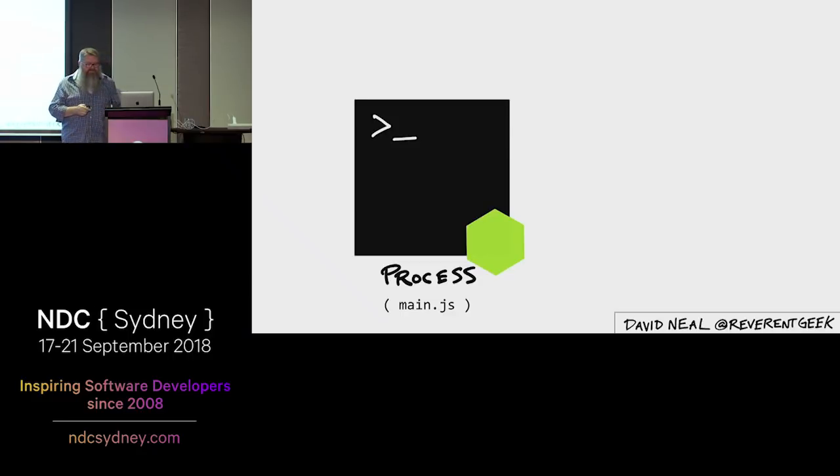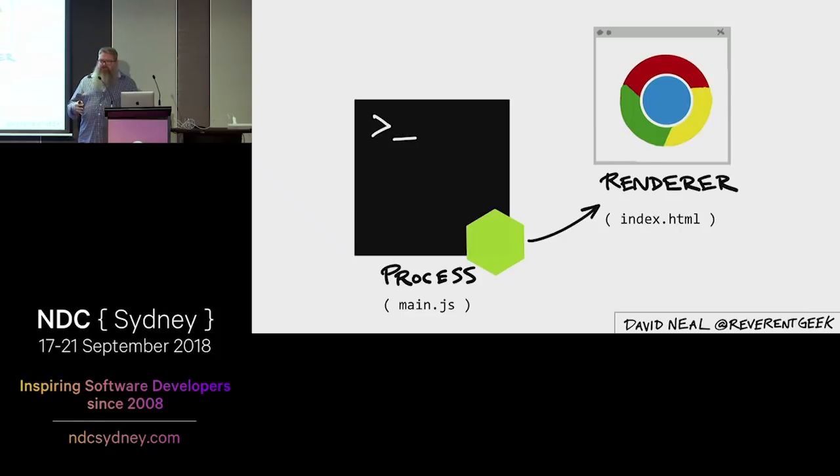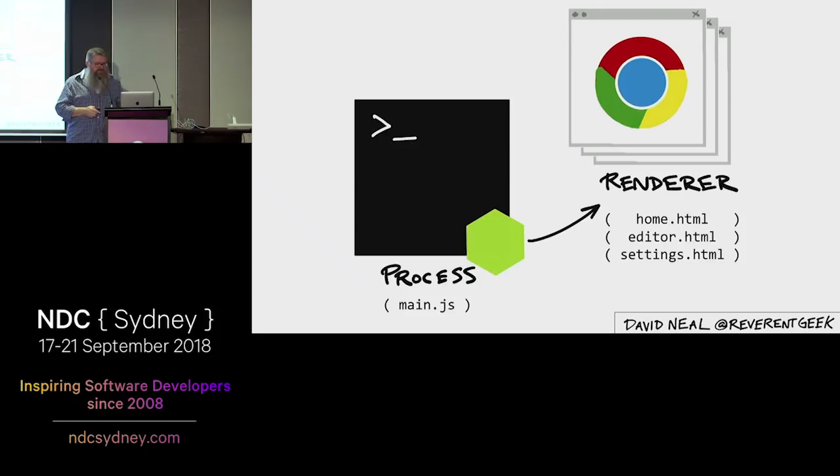And from there you can launch one or more instances of Chromium, the rendering engine that renders the UI, and these in Electron vocabulary are called renderers. And you can launch more than one. If you have an application that has multiple windows, you can launch those windows, show and hide those windows as you need to, and do whatever you need to do.